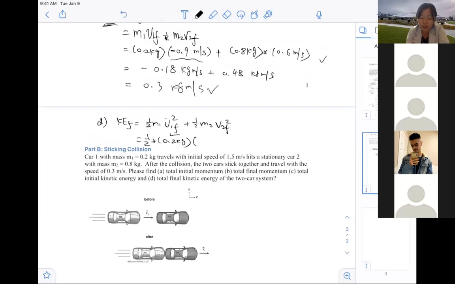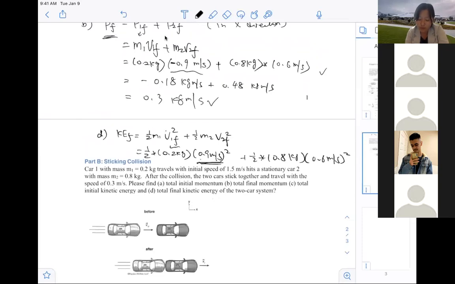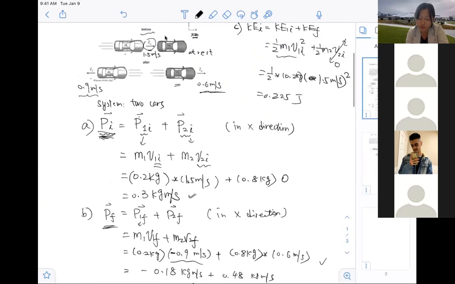Here, because it's a velocity squared, you can really just use the magnitude of this velocity. And also energy is a scalar, you don't have to worry about its direction here. So you can just use the magnitude of the velocity, which is 9.9 meters per second, instead of putting a negative sign in there. Now the second cart is more straightforward, putting 0.6 squared. Okay, and you can find out the number to see if it's mostly equal to the first part.